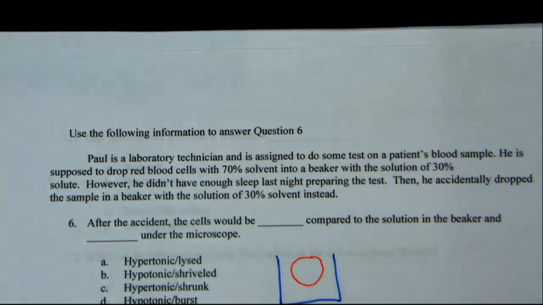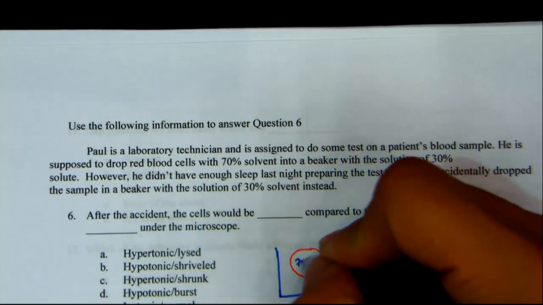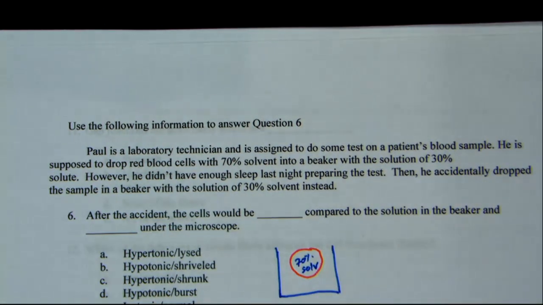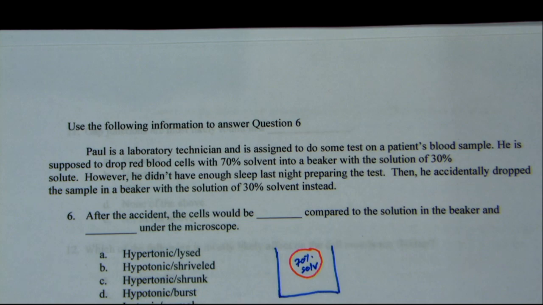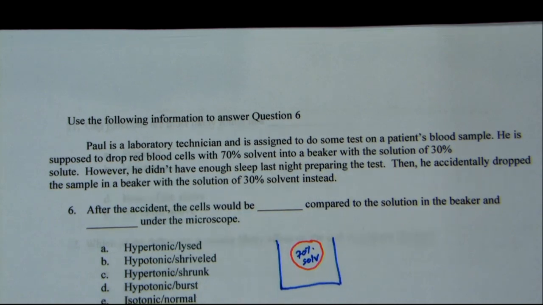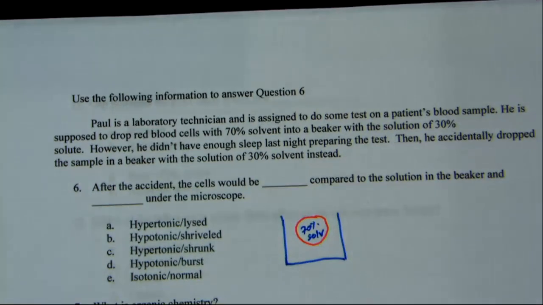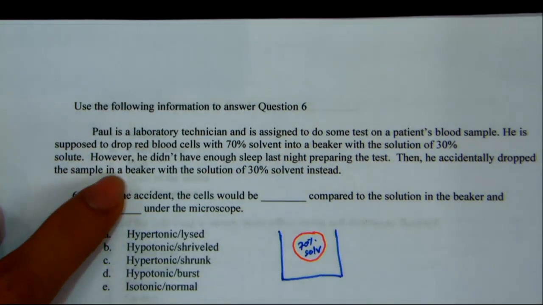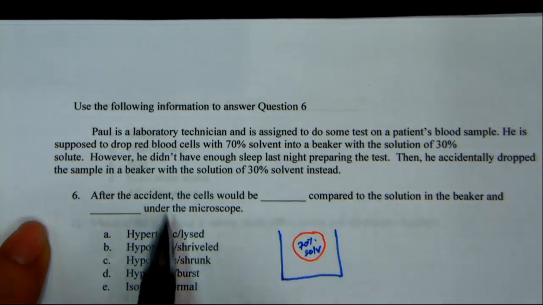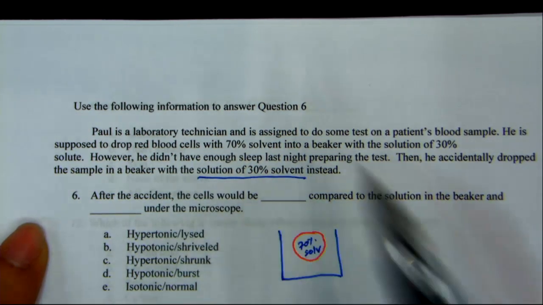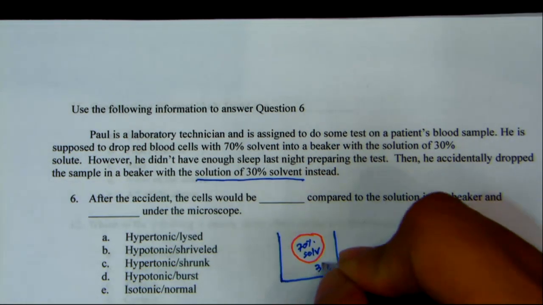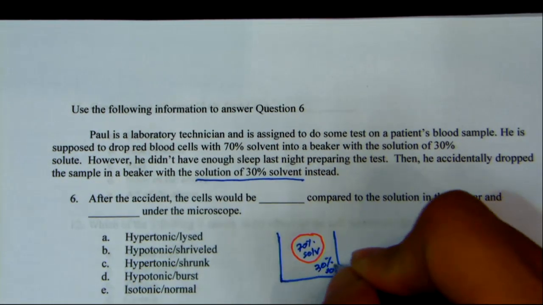We have 70% solvent. Solvent is what? Water, right? H2O. And he said after the accident he dropped it into the solution with 30% solvent, okay? The solution is 30% solvent.